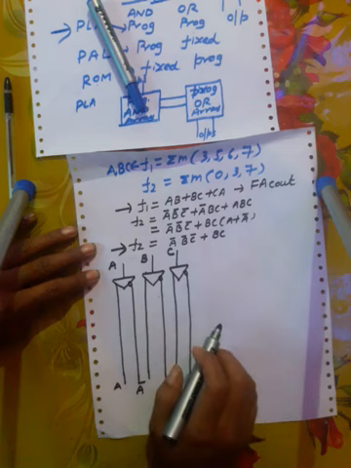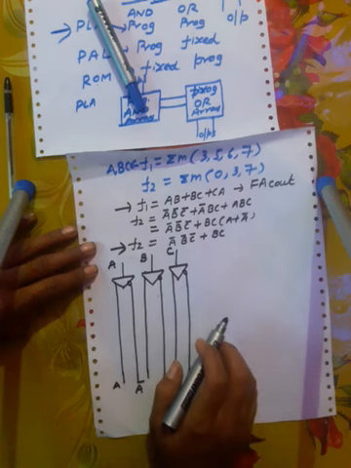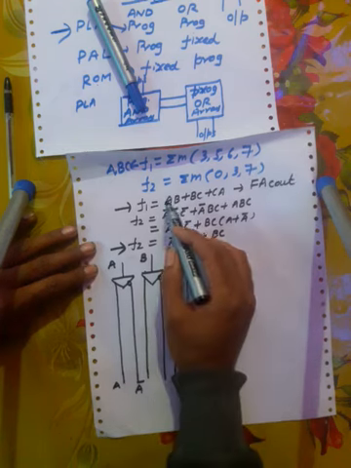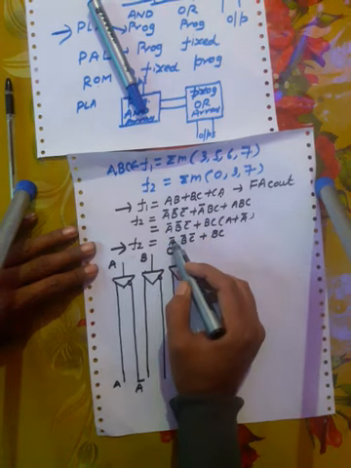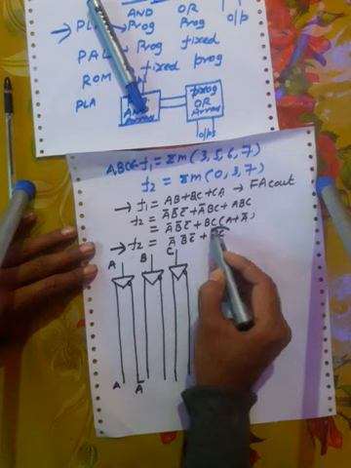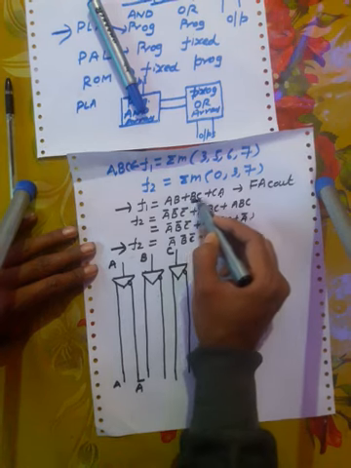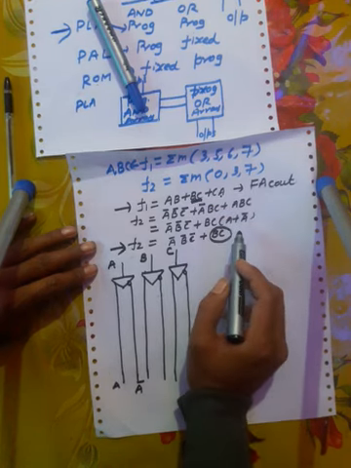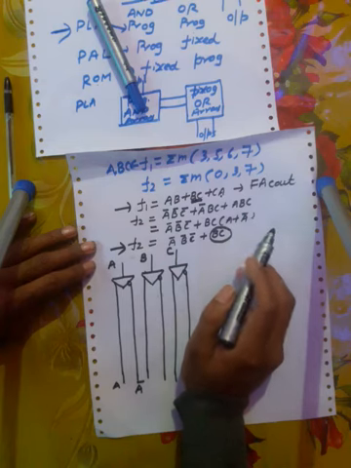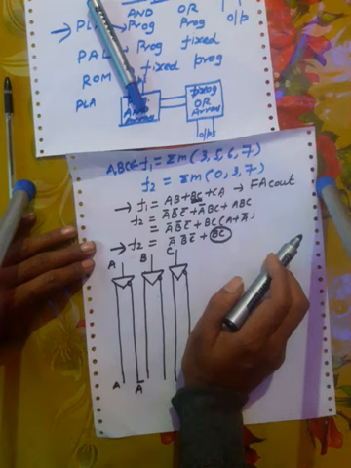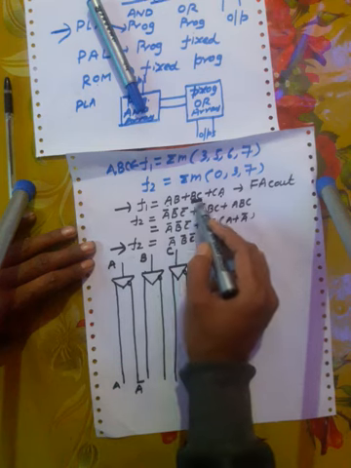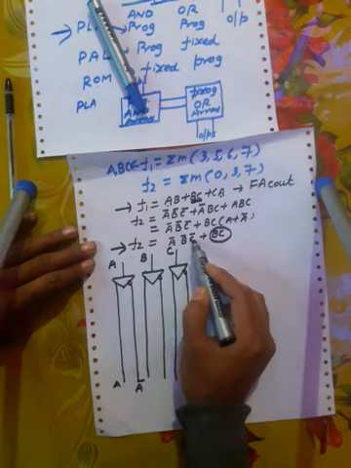Now, how many AND gates are required? Here 1, 2, 3, 4, but this BC is common. This BC is common, so you will make it only one time, because both AND as well as OR are programmable. So total how many product terms, how many AND gates, are required? 4: one for AB, one for BC, one for CA, and one for A bar B bar C bar.